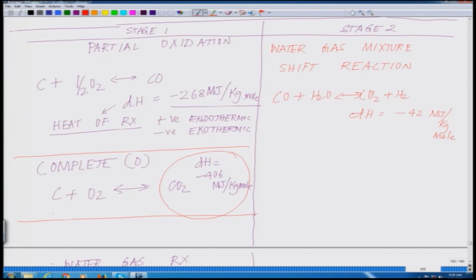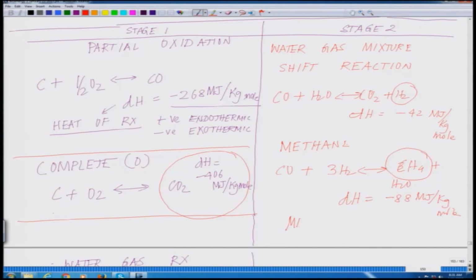Whereas, in another reaction what you get is the formation of methane, where you have CO plus 3H2. You are seeing a lot of hydrogen being generated. It makes CH4 plus H2O, and the reaction heat here is minus 88 per kilogram mole.